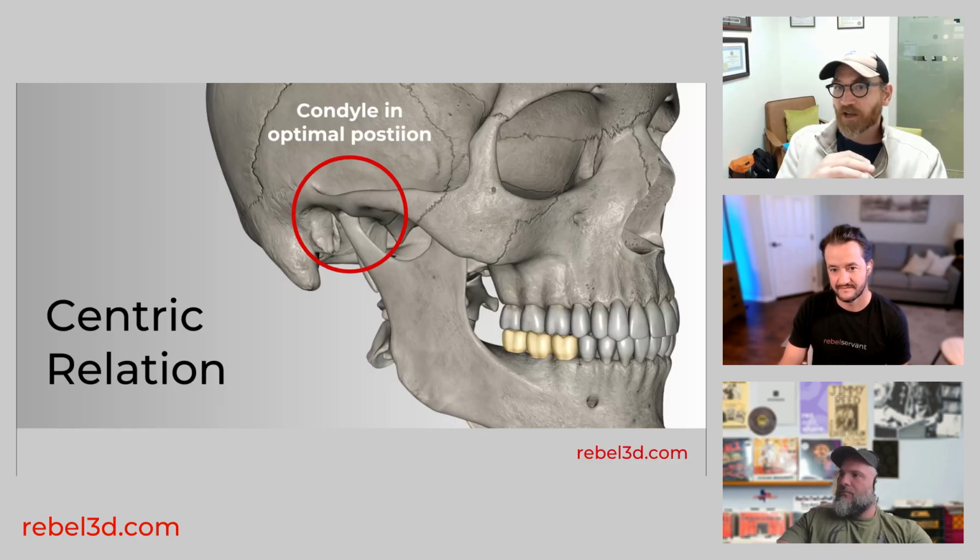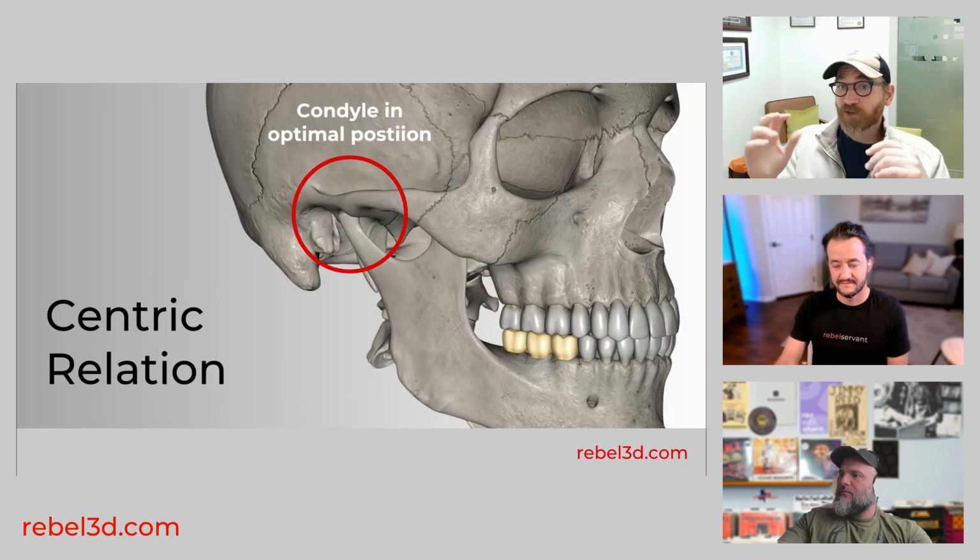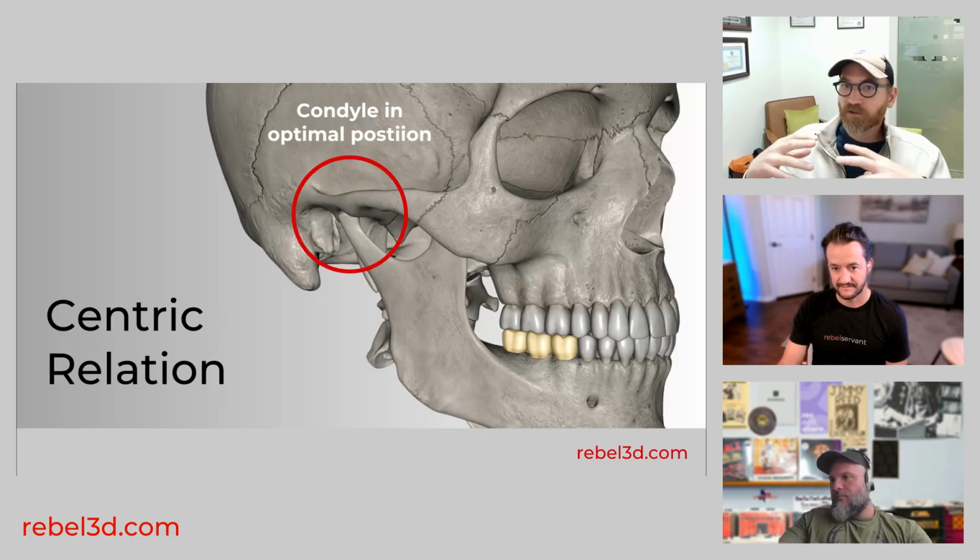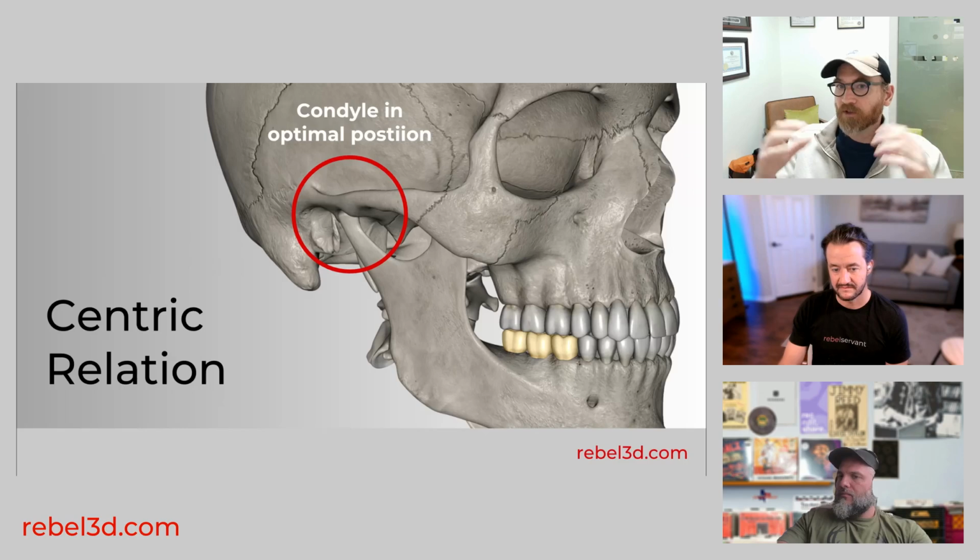It's a very, very complex joint. We need a reference point we can always go back to, so that we can rebuild a patient as consistently as possible. This comes out to what we call a treatment position. The treatment position is that repeatable, comfortable place where you can then rebuild a patient to.